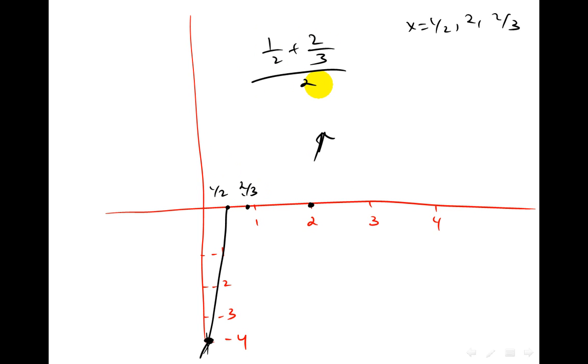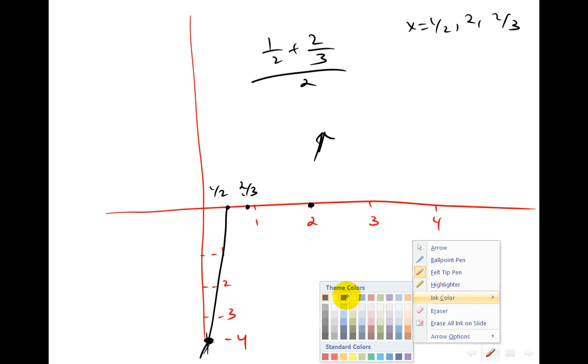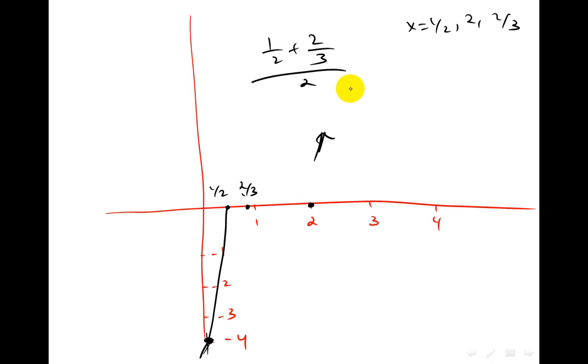Here I'm trying to find the maximum point. It says that it's almost 0.58. Let's say it's here. Okay, 0.58.